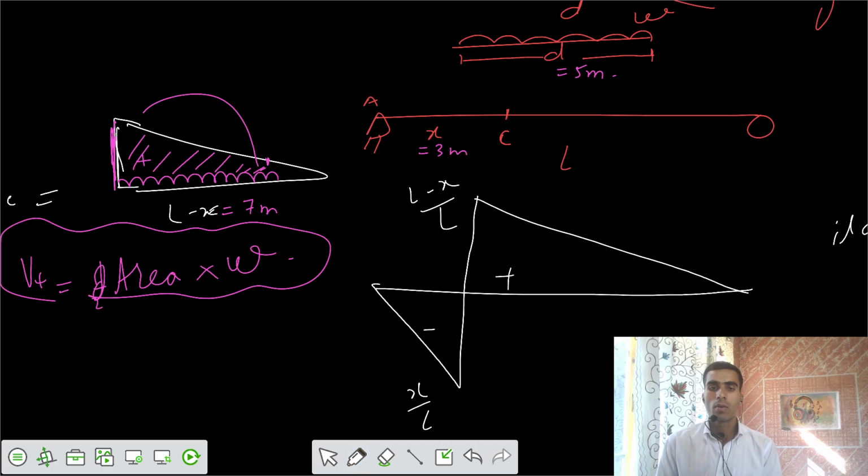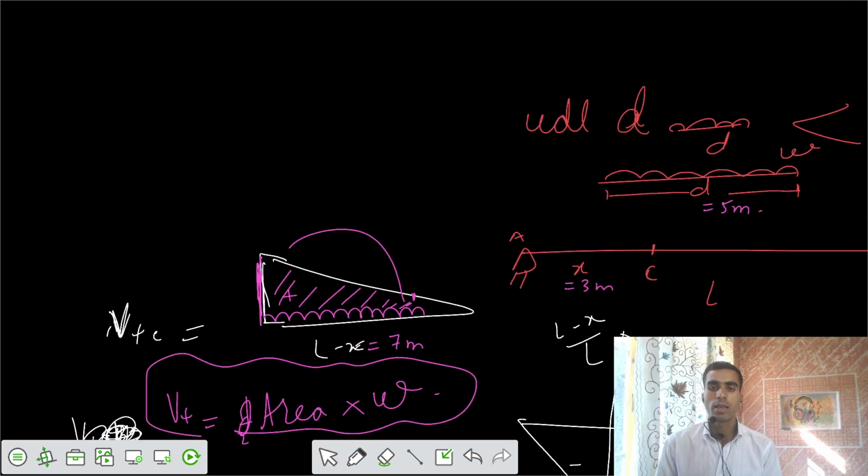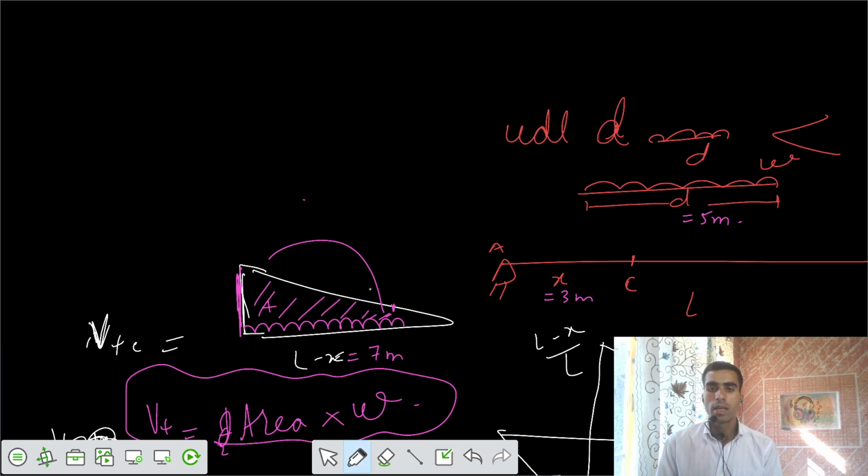And there is one more case, where the UDL was 7 meter and L minus X is only 5 meter. That means the other part of the UDL is outside point B. You don't have to keep it on the negative side because it would contribute a negative shear force, which would give you a lesser value finally.